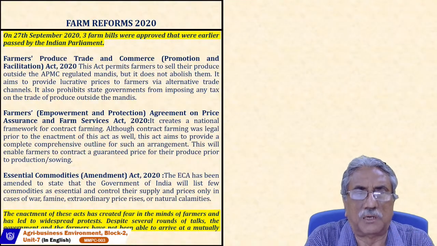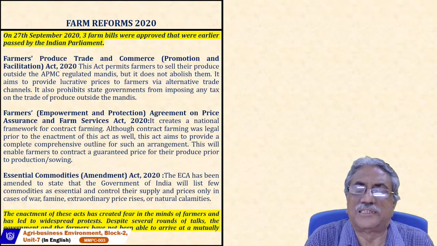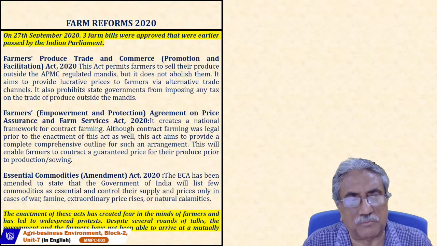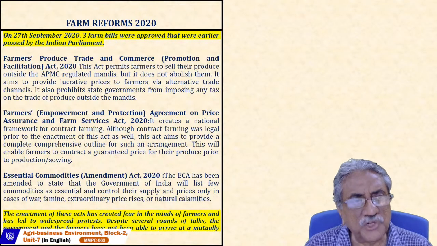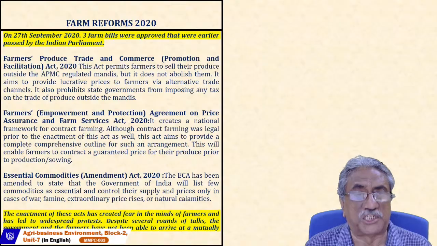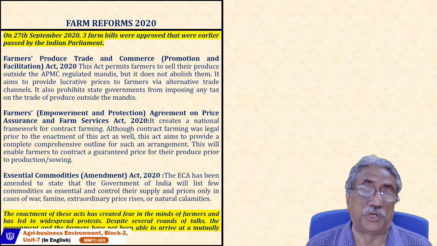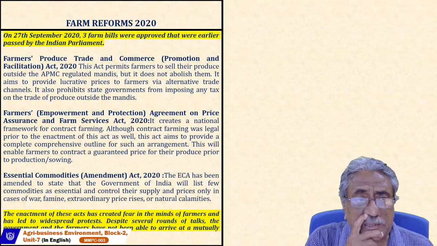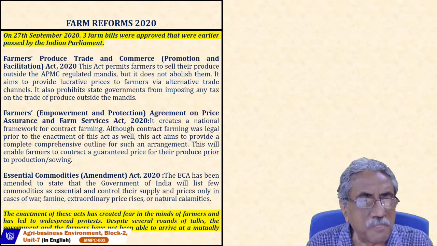Though the intention of the government was good, because it was opening up that a farmer can sell anywhere in India for that matter. Second act was Farmers Empowerment and Protection, Agreement of Price Assurance and Farm Services Act 2020. It creates a national framework for contract farming.